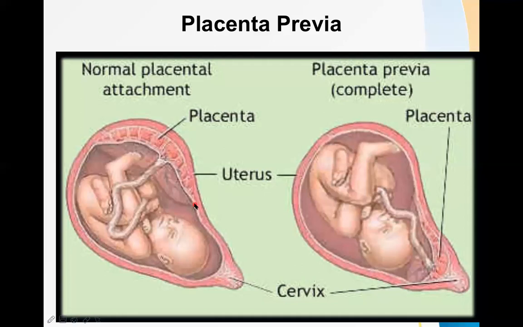From this area till the internal os, which means the inner opening of the cervical canal, this is called lower uterine segment, and it is very thin in comparison to the upper uterine segment. And another point, it will also stretch or dilate during the labor. So placenta previa means when the placenta is attached on the lower uterine segment.